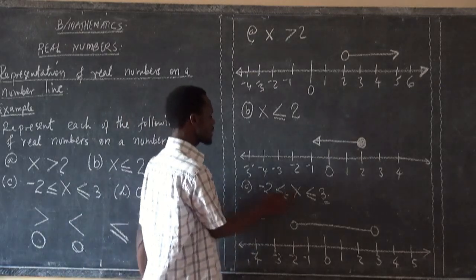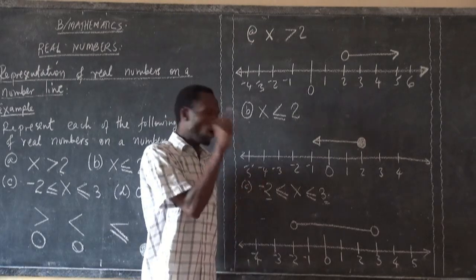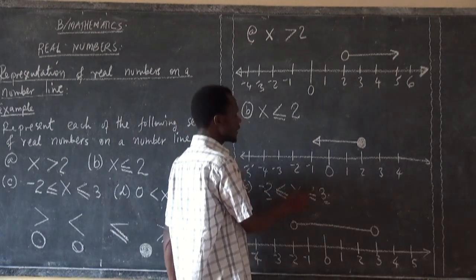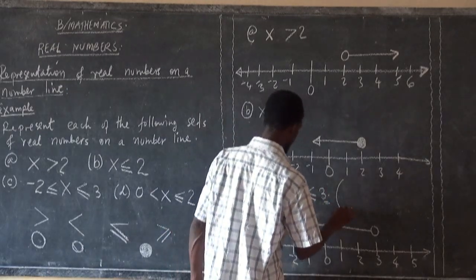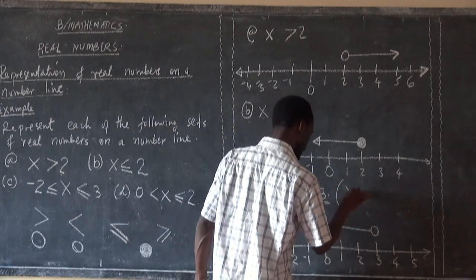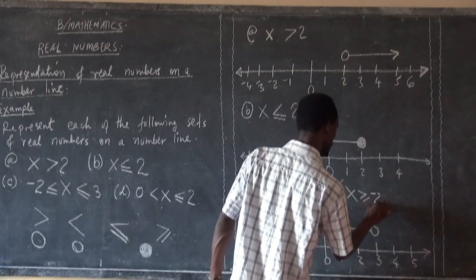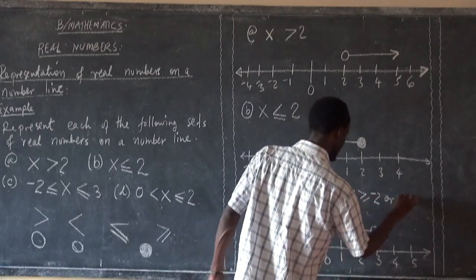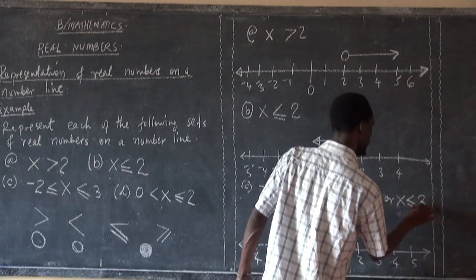It means x is greater than or equal to -2, and x is less than or equal to 3.